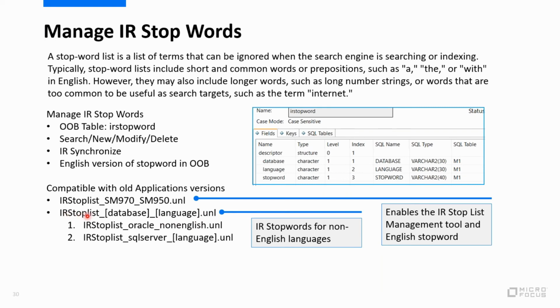And also they can use this IR stop list database language unload to import the non-English languages. For Oracle, they only need to import the one unload for non-English stop words. But for SQL Server, the unloads are separated for different languages.